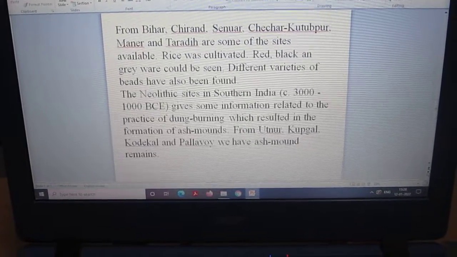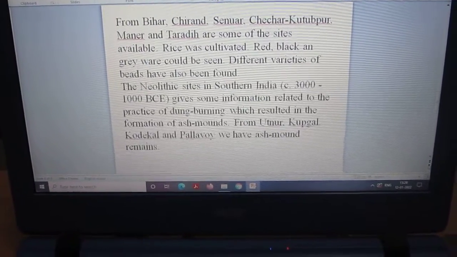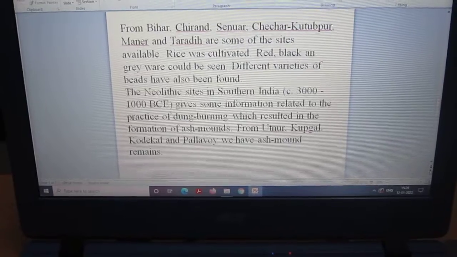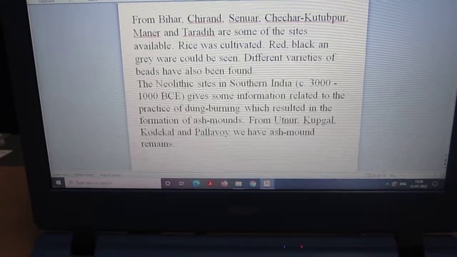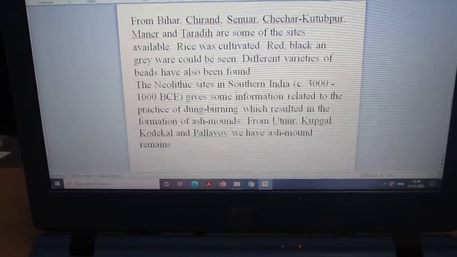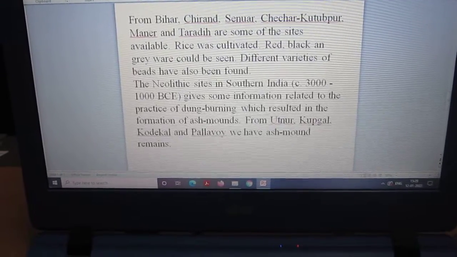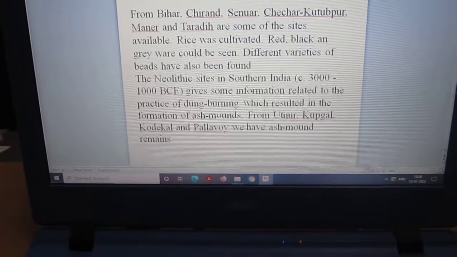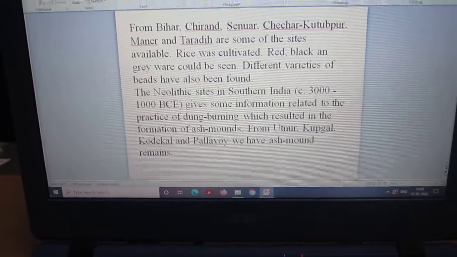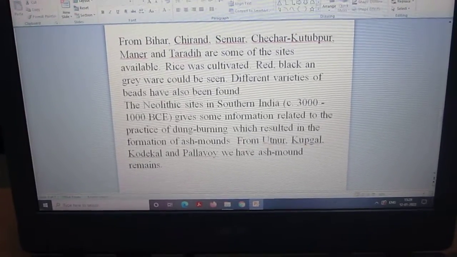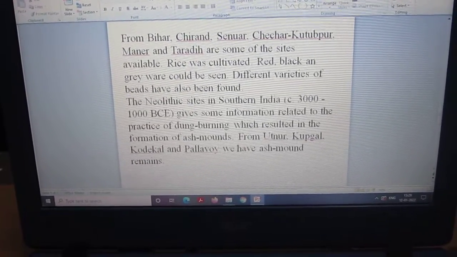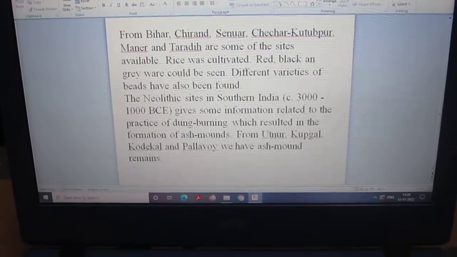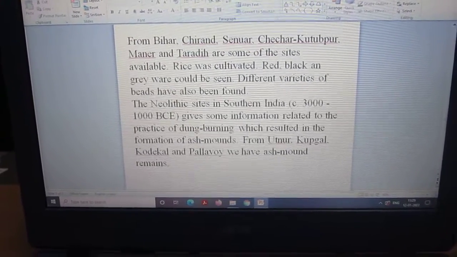Besides, we also have some pottery, which includes red, black and grey ware. Different varieties of beads have also been found. So all this evidence from Bihar and eastern India indicates that people here were also enjoying some kind of craft work in the form of bead making. We also find remains of houses from these eastern Indian sites.